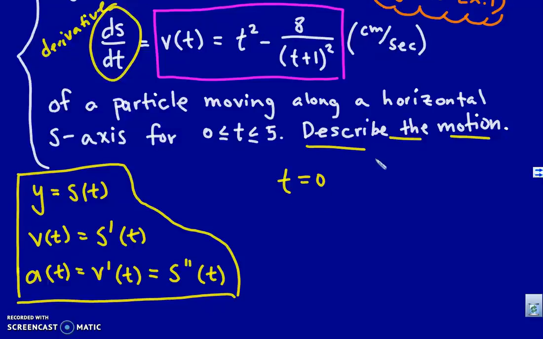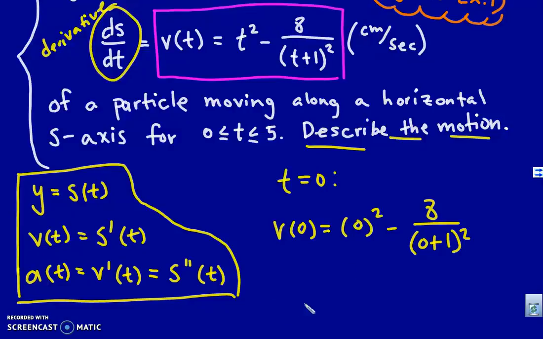So when t is equal to 0, v(0) is equal to (0 squared minus 8) over (0 plus 1) squared. Well, this is just negative 8.